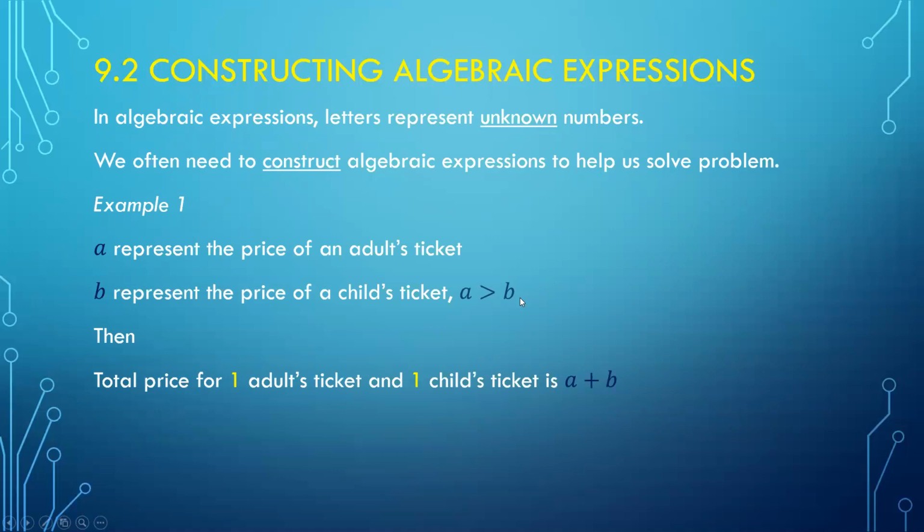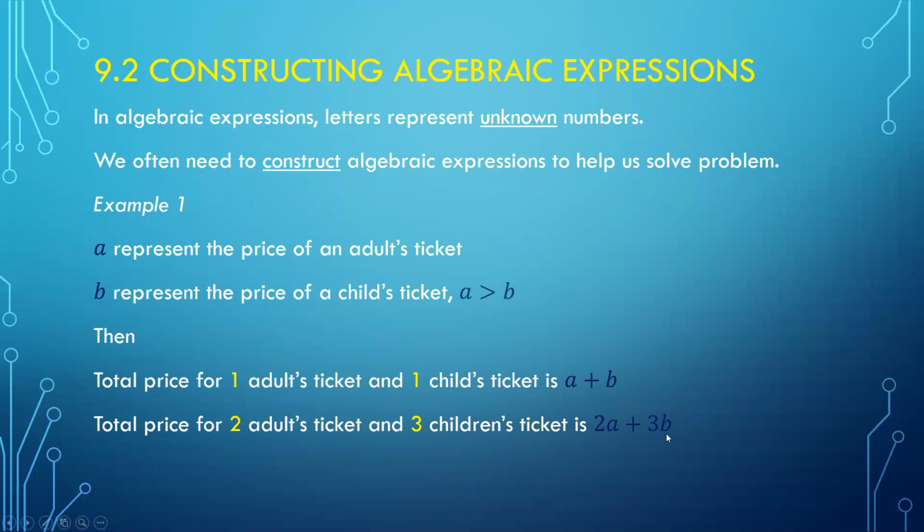So if I want to total up the price of one adult ticket and one child ticket, when we write in expressions, it will be a plus b. This is the price for the adult, this is the price for the child, right? But when we have 2 adult tickets and 3 child tickets, we are going to write 2a plus 3b.